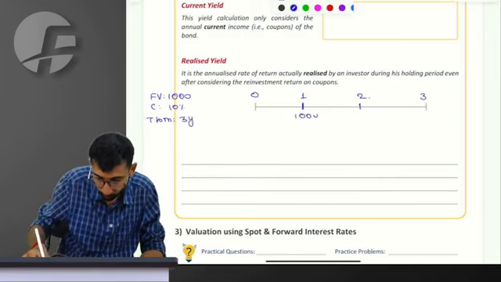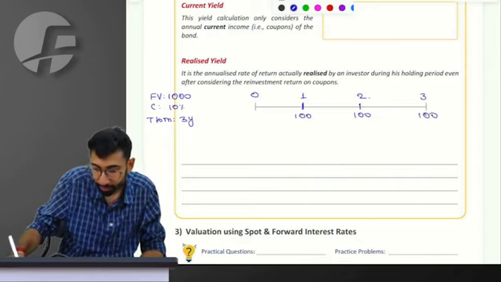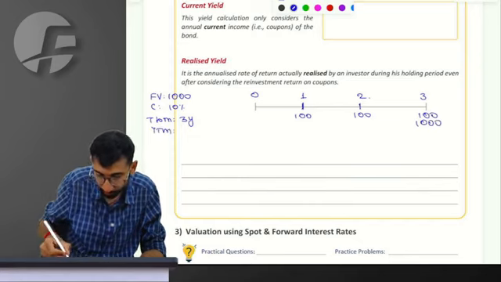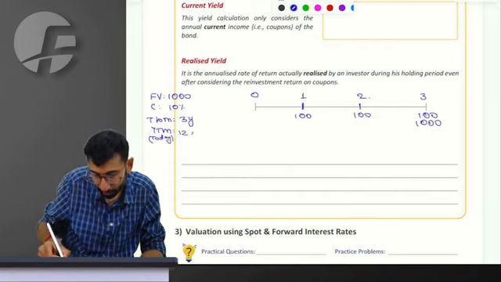So how much is the amount of coupon? 100, 100 and 100. And for example, YTM today, right now in the market, is 12%.